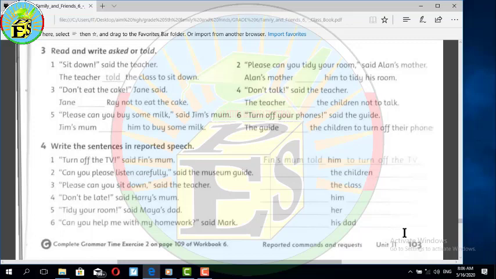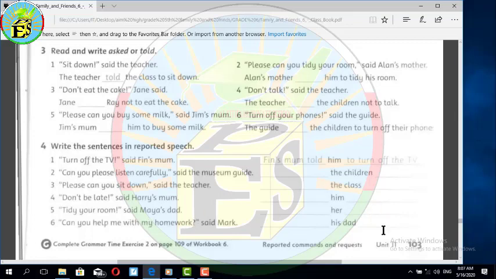Because it contains many pronouns, me, my. Mark asked his dad to help him with his homework.